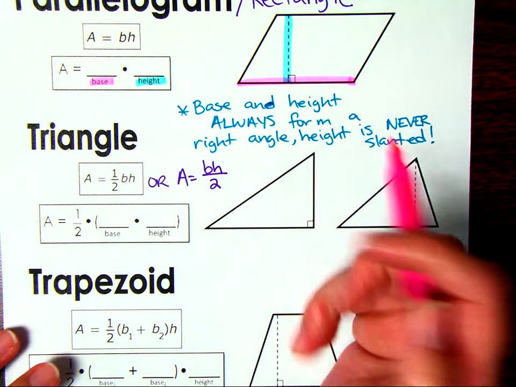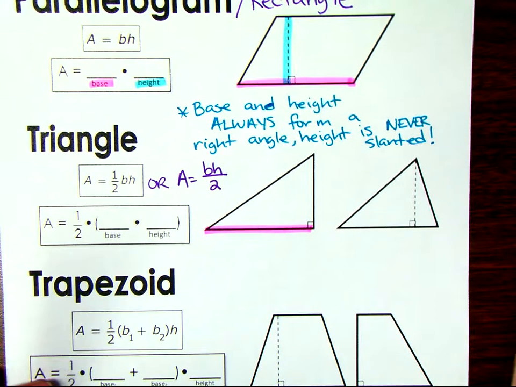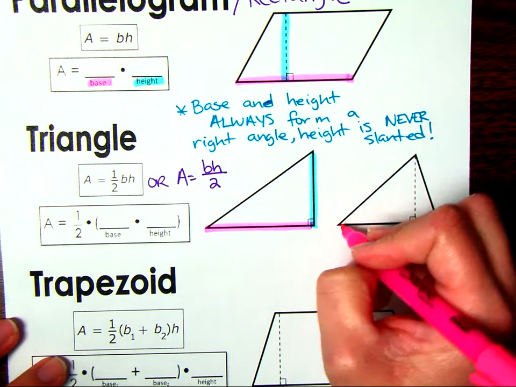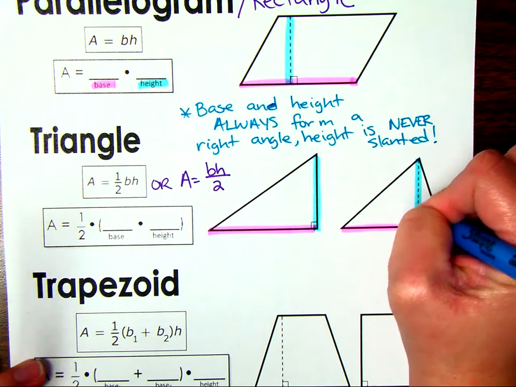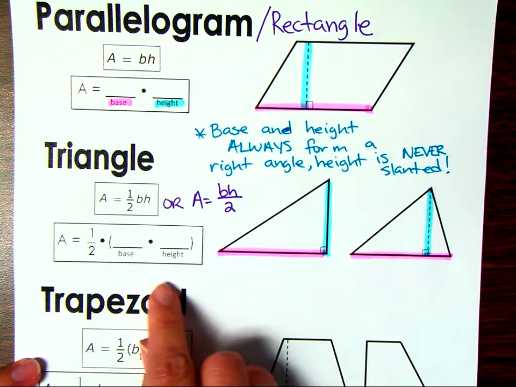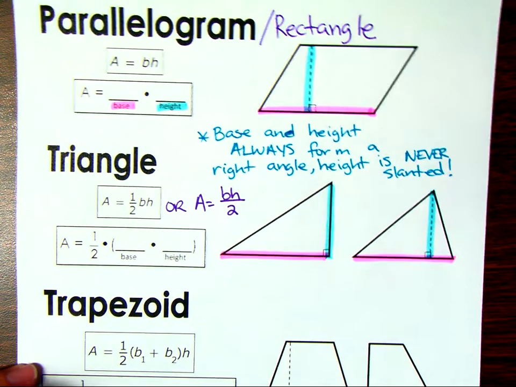So same thing as the parallelogram, your base and your height are going to form a right angle. So you need to first identify the shape that you're working with, then color code those base and height or label them on your paper so you know what numbers you're going to be substituting here, okay?